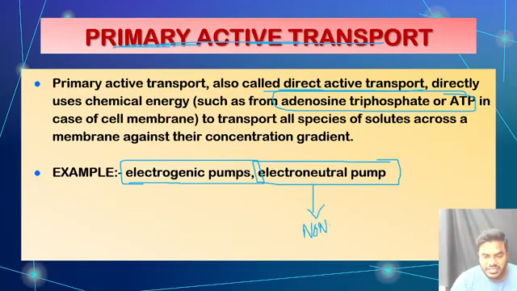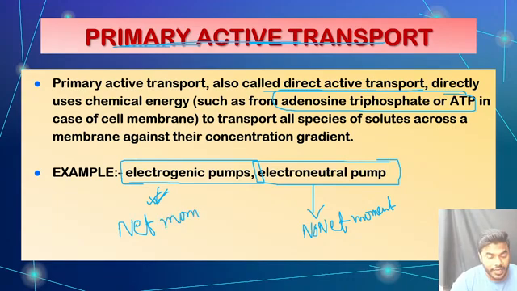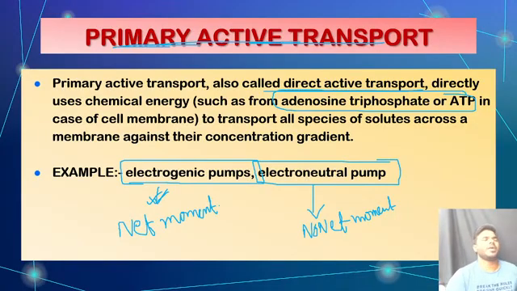Electroneutral pump means there will be no net movement, and in the electrogenic pump compulsorily there will be a net movement. What's the difference? Let me tell you in a simple way.